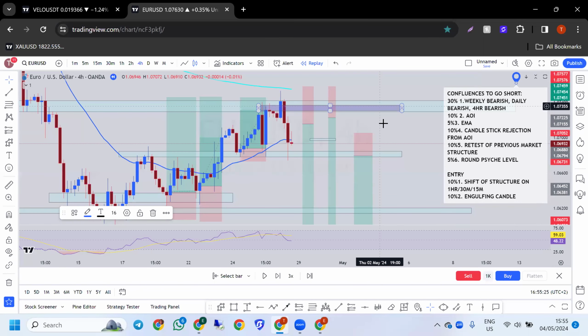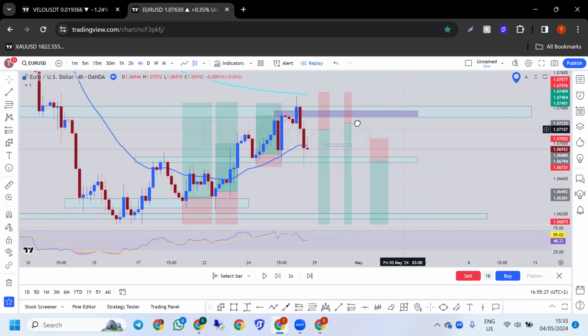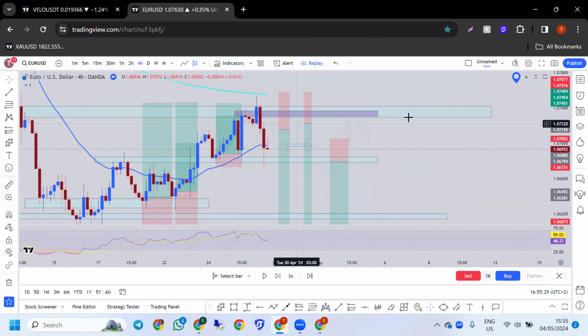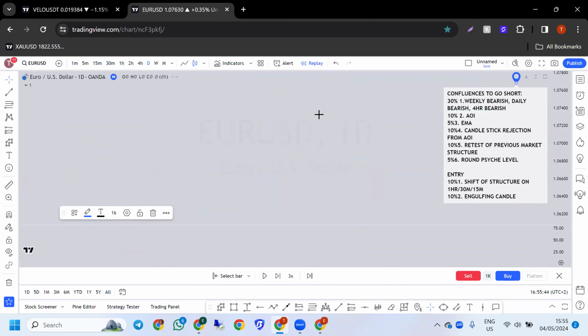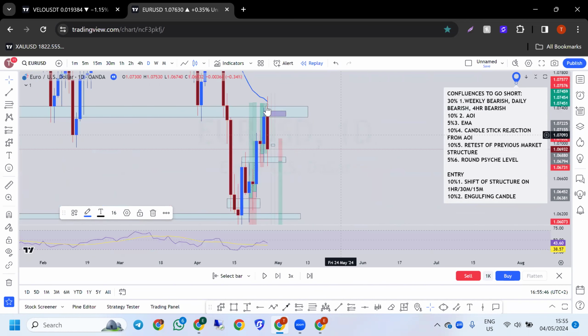So last week, we were testing this, our AOI, that is the area of interest. I was waiting for the market to just come up here. We are using this 50 EMA on the 4-hour or daily, and on the daily time frame the market has touched this EMA.